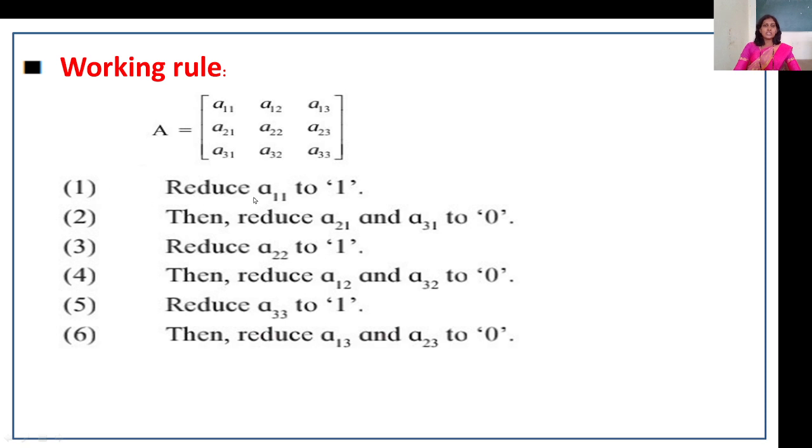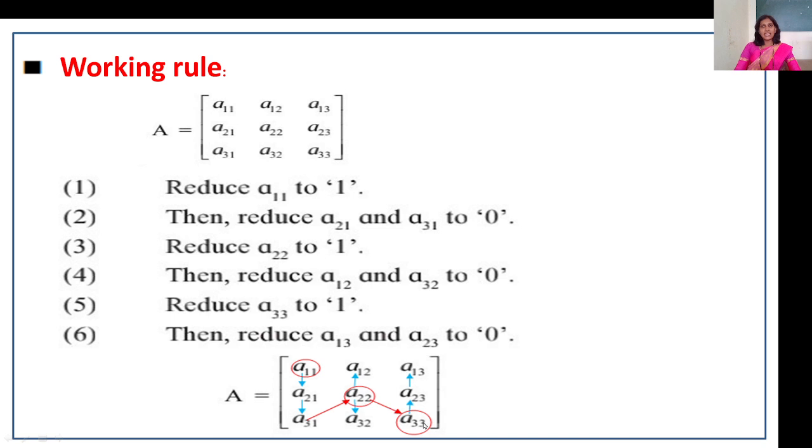First, reduce A11 to 1. Applying elementary row transformation, convert this into 1. Then reduce A21 and A31 to 0 by row transformation. After that we go here: A22 is 1, and using A22 we reduce A12 and A32 to 0.